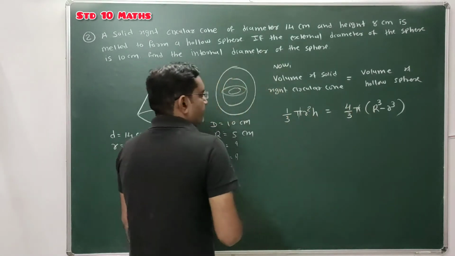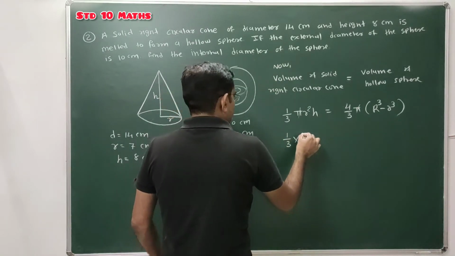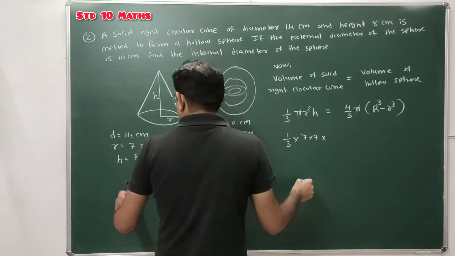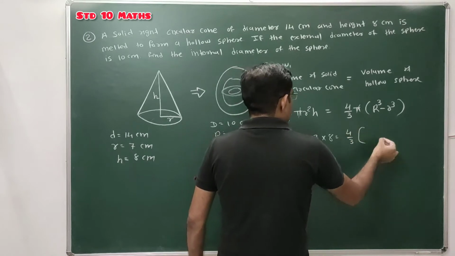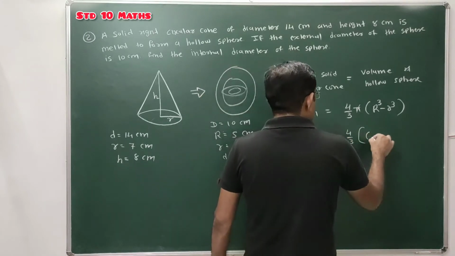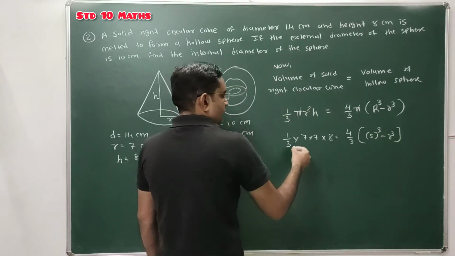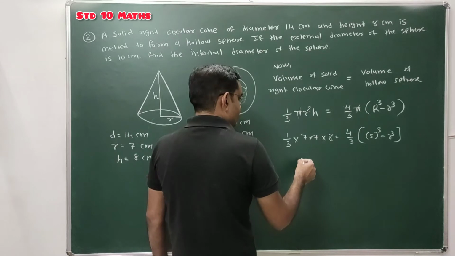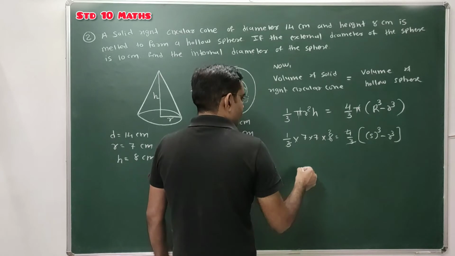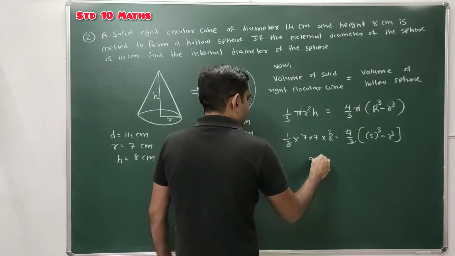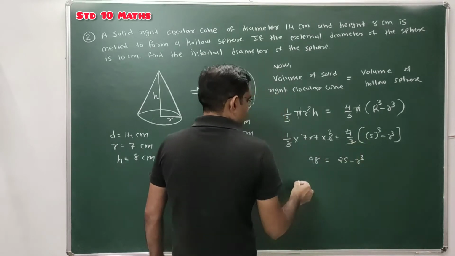Here you can get pi, so it's 1 by 3 into 7 into 7 into h equal to 8, equal to 4 by 3 capital R cube, 5 cube minus small r cube. So now simplification is 3 3 cut, 4 2 is 8 is there, 7 7 is 49, 2 is 98 equal to 125 minus r cube.